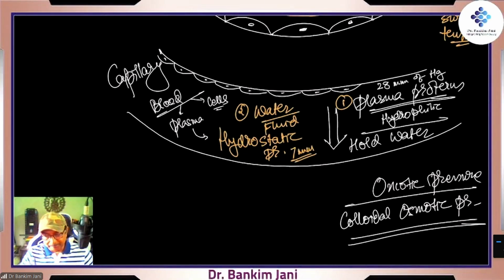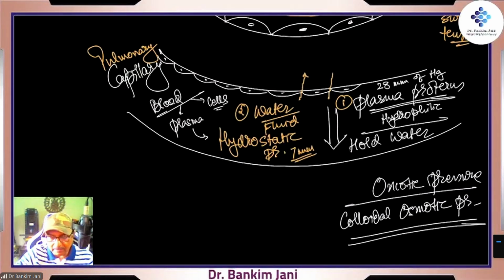So these are the pulmonary capillaries. Now pulmonary capillaries are a bit huge. They are called leaky. So some plasma protein will always leak out. Some, not all, but some plasma protein will always go out.